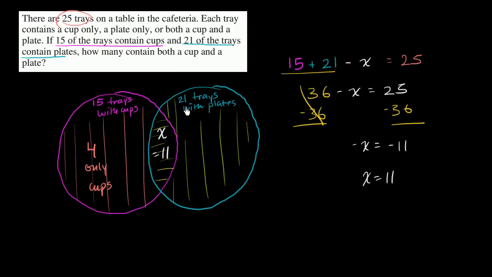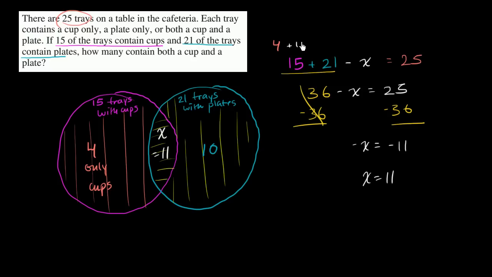And then once again, 21 trays with plates. Well, 11 of them have cups as well. So only plates would be 21 minus 11, which would be 10. And so this makes it a little bit more clear. This 15 was really the 4 plus the 11.